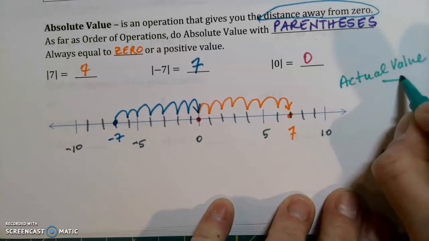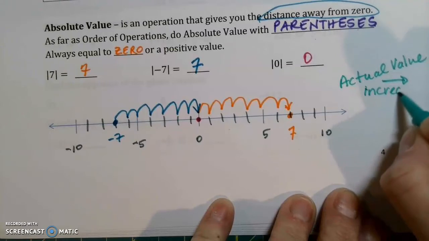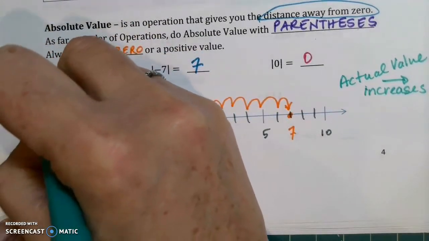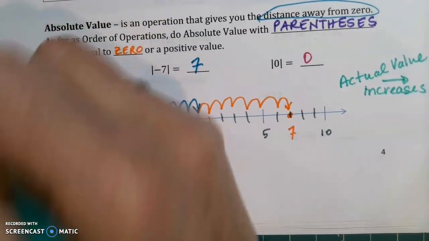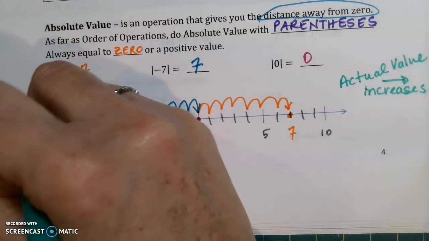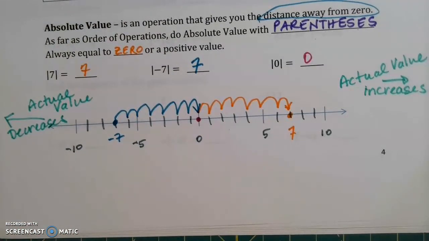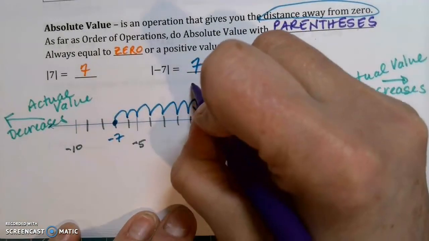Actual value increases as we go to the right, and decreases as we go to the left. Absolute value is a little bit different because it is the smallest here at 0.